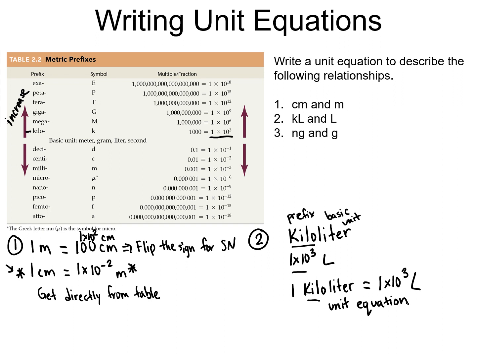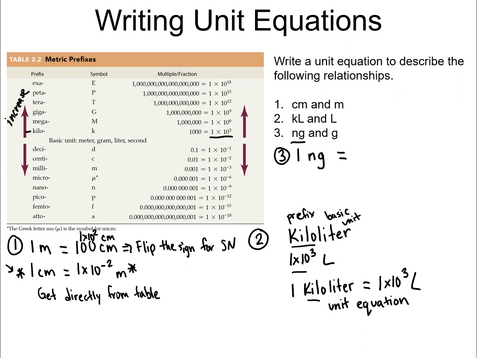So if it doesn't make sense, start with the unit that has a prefix and write that out as a word. Replace the prefix with the number on the chart, and then you can put together your unit equation. So if I have 1 nanogram, what am I replacing the nano with?